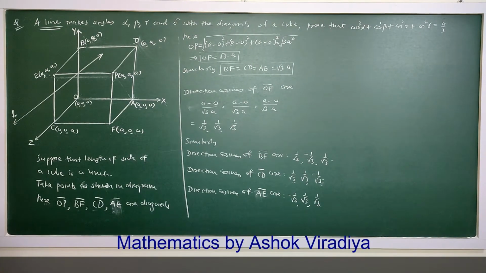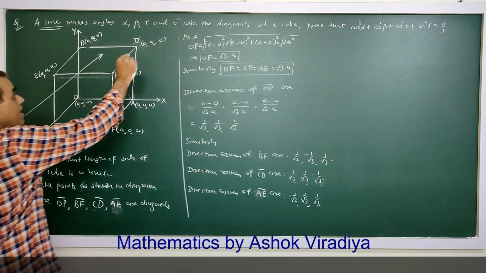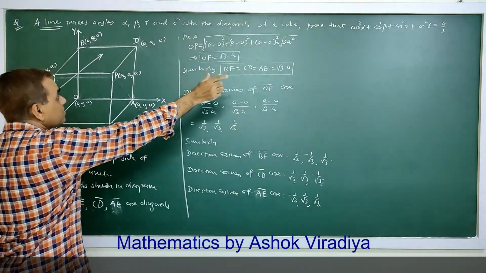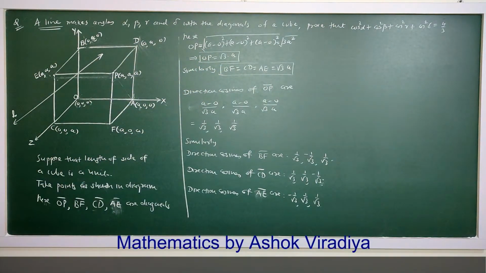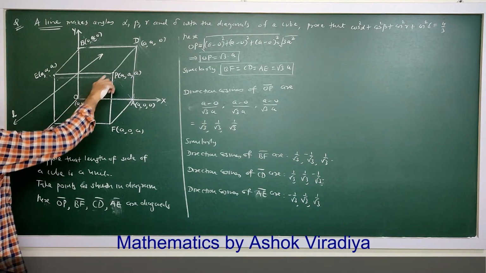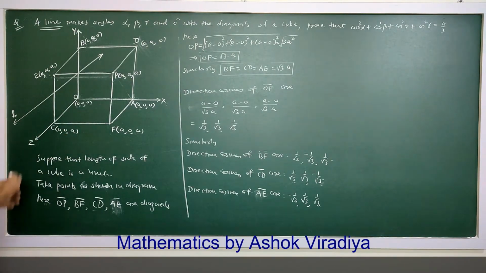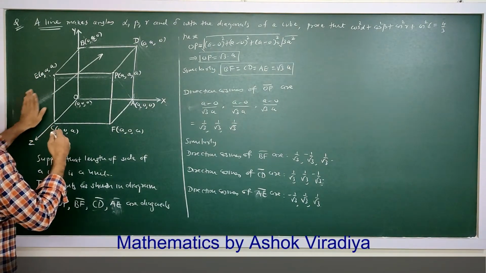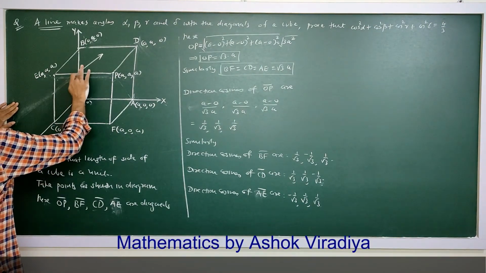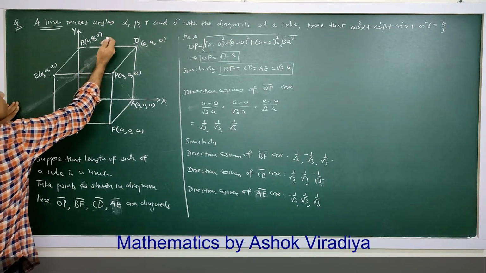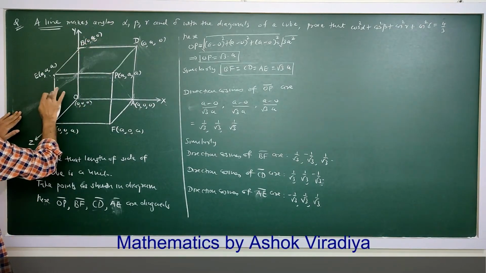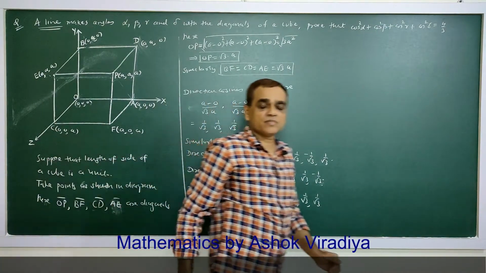This line is making angles alpha, beta, gamma, delta with the diagonals. So it will make angle alpha with OP. Here I am removing this diagram, otherwise it will be overlapping. We are keeping everything clear, whatever is necessary in calculation.